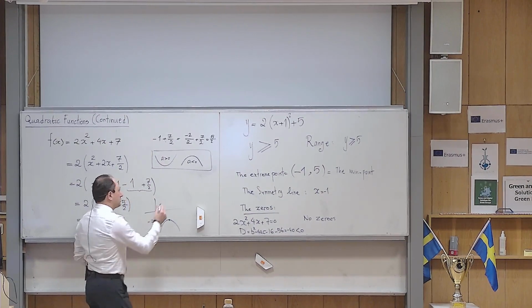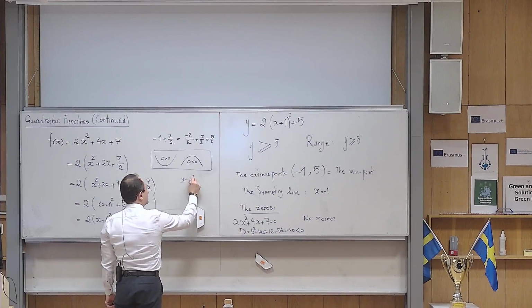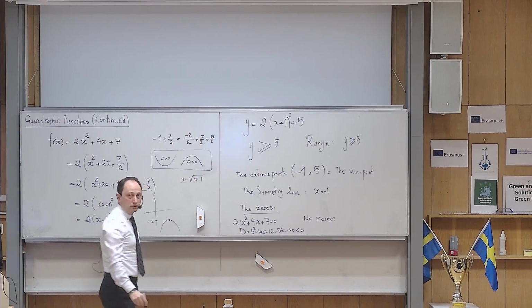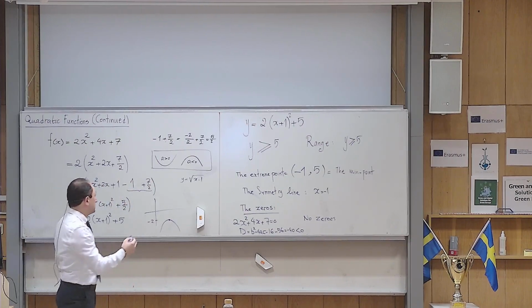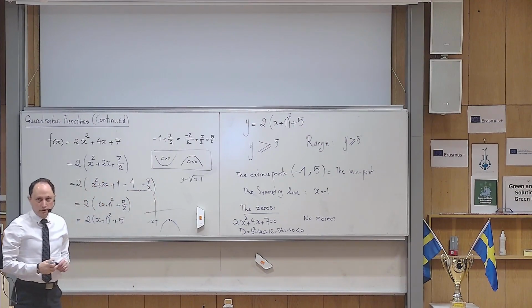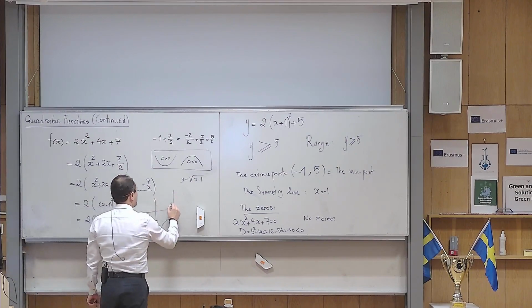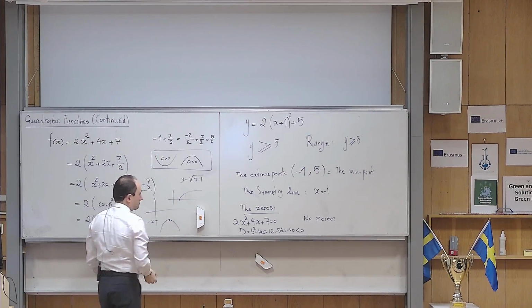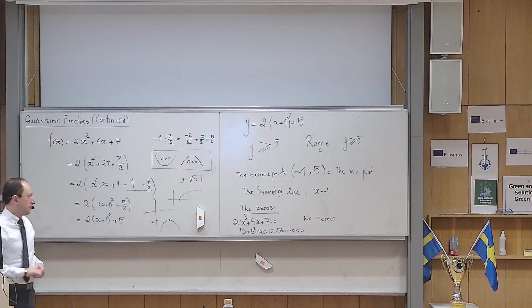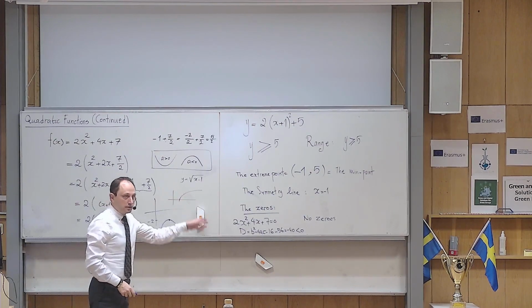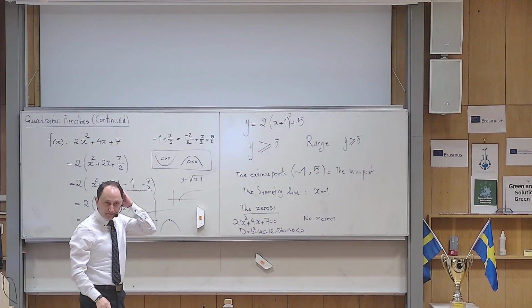For example, the function y equals to a square root of x minus 1. This will not intersect the y-axis. The graph of this function is like this. Yeah, it is possible for any case. Okay, so is that understandable? Yes or no? Yes. Okay.